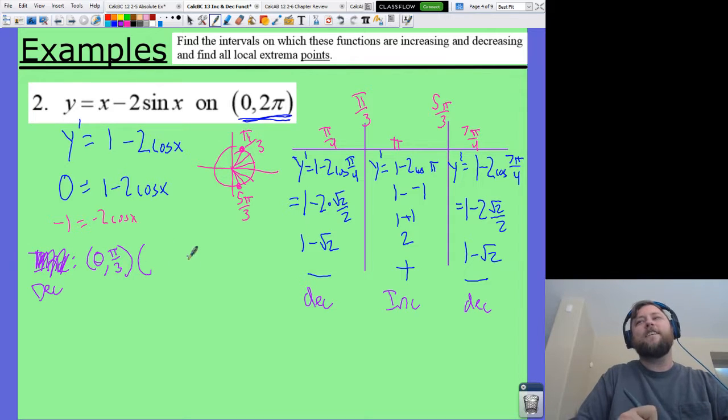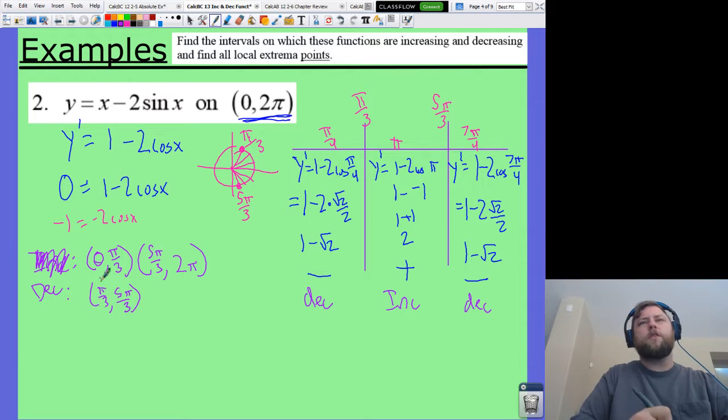Decreasing. And it's also increasing from, not 7 pi over 4, it's our critical number, so 5 pi over 3 to 2 pi. And I'm going to say it's decreasing on this interval in the middle, which is going to be pi over 3 to 5 pi over 3.